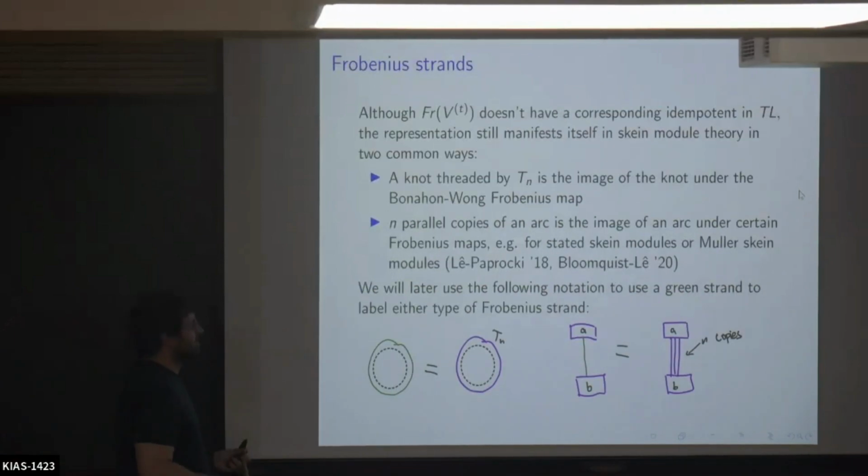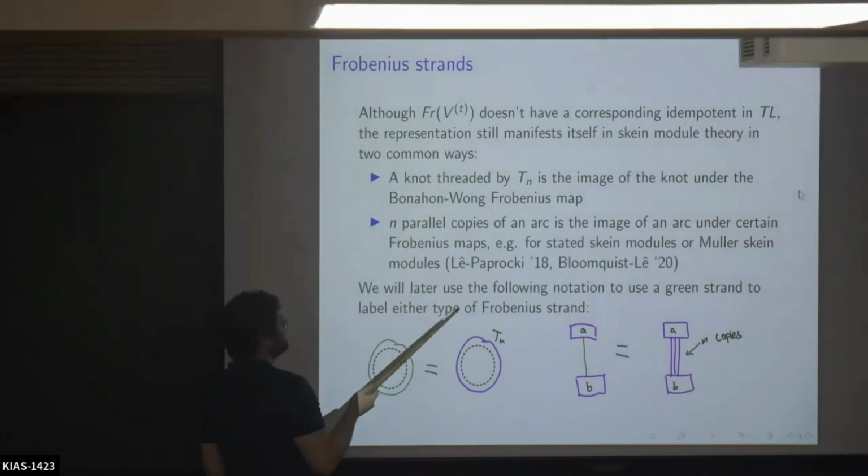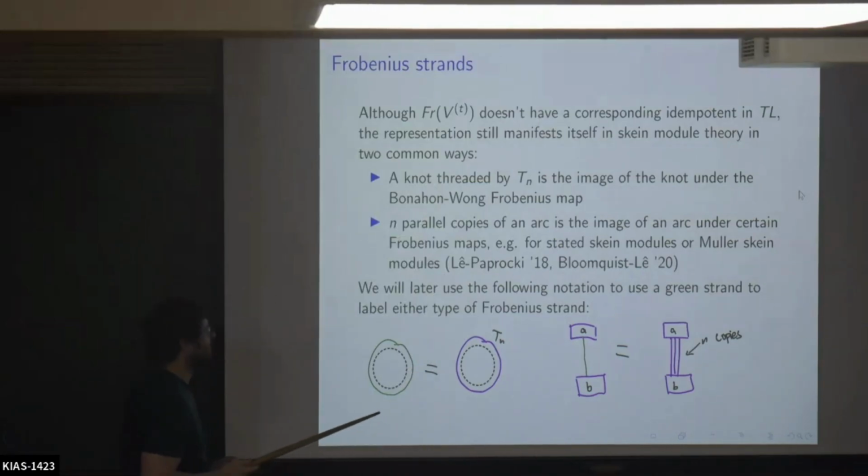So the Temperley-Lieb category isn't big enough to have the Frobenius module inside of it, but these skein modules are bigger. So although the Frobenius of the standard representation doesn't have a corresponding idempotent in the Temperley-Lieb category, it still sort of shows up in the skein module theory.